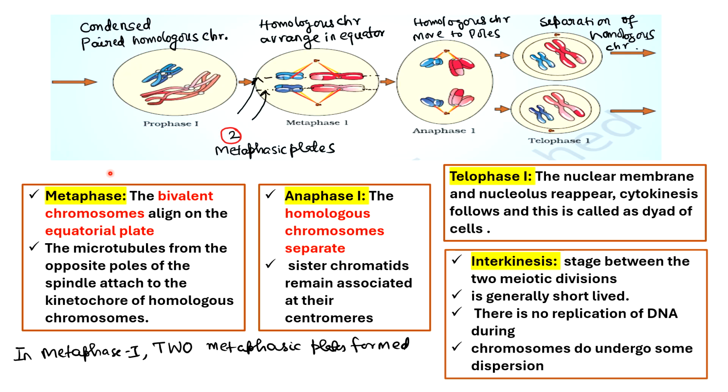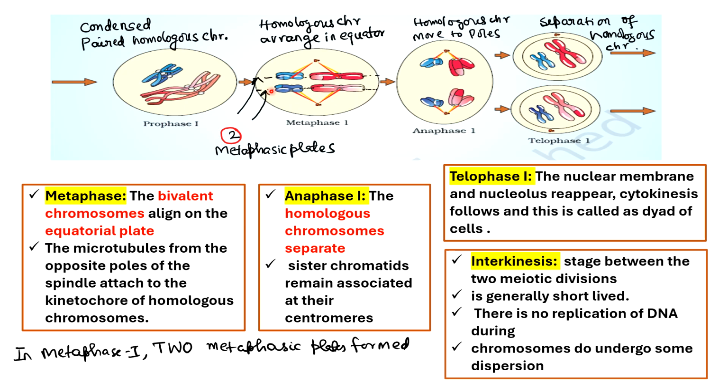So what should happen here in metaphase 1? The asters are made in your prophase 1. The asters will radiate the spindle fibers. The spindle fibers will be attached to the centromeres of the homologous chromosomes, and the homologous chromosomes will arrange themselves along the metaphasic plate.